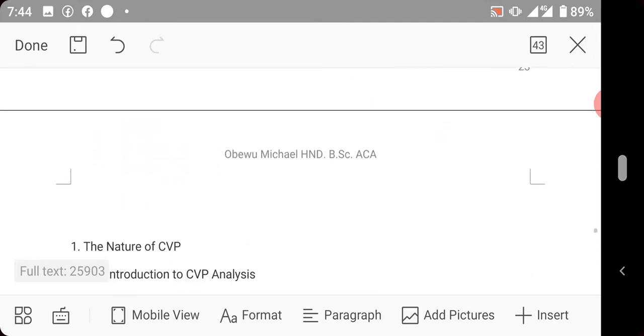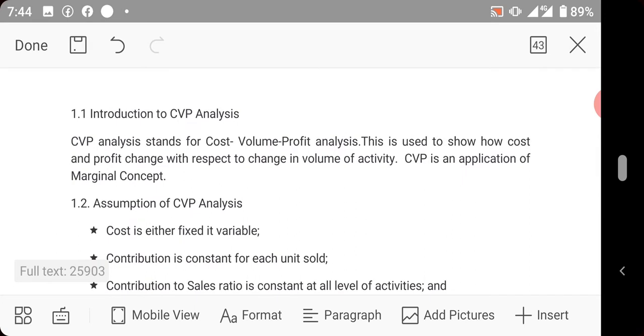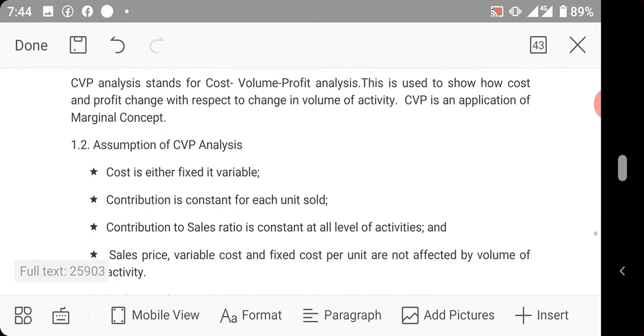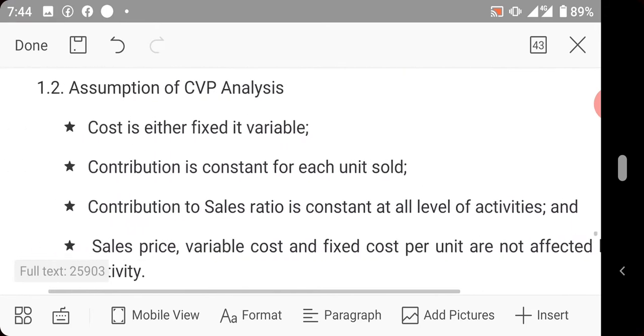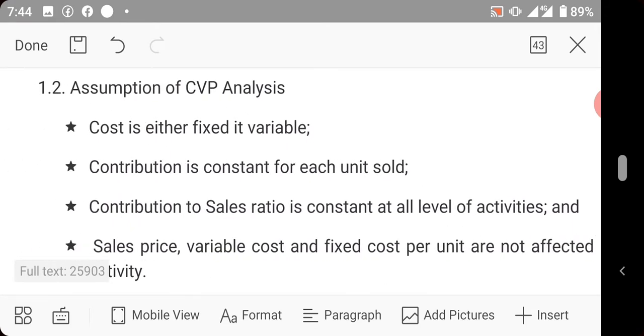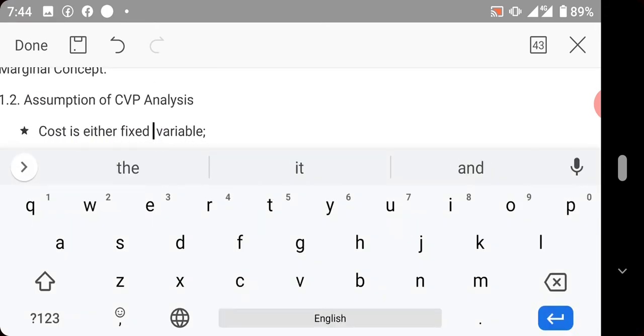I have ab initio told you that cost volume profit deals with the study of how a change in the volume of activity or level of activity will affect cost and profit of the company. The little assumptions that surround CVP: one, cost is either fixed or variable.